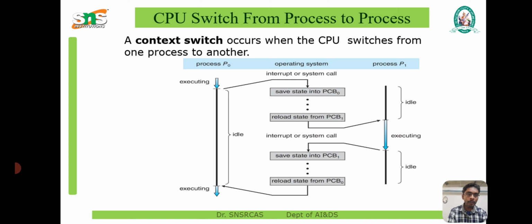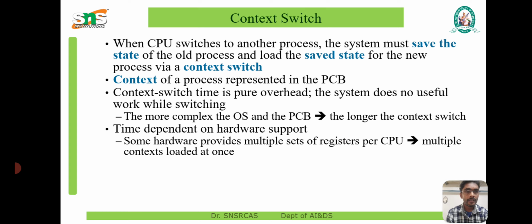Once P1 becomes idle, the P0 process is reloaded from the idle state for execution. This diagram represents how the CPU switches from process P0 to P1 and from P1 back to P0. And here is the context switching explanation.